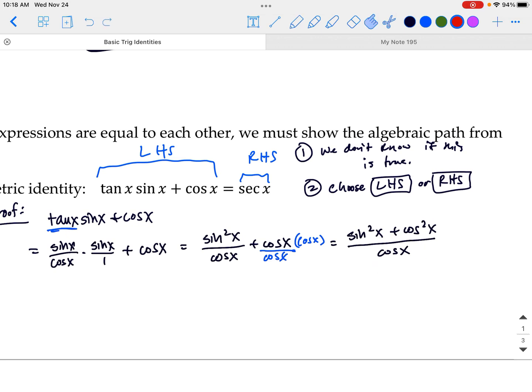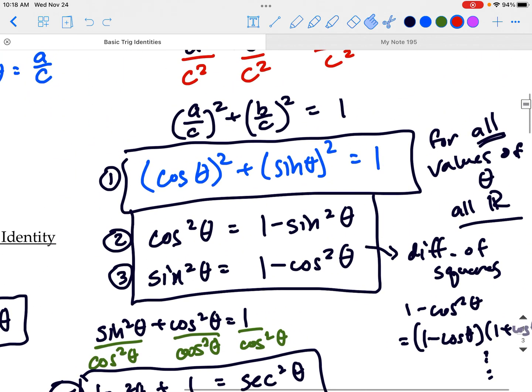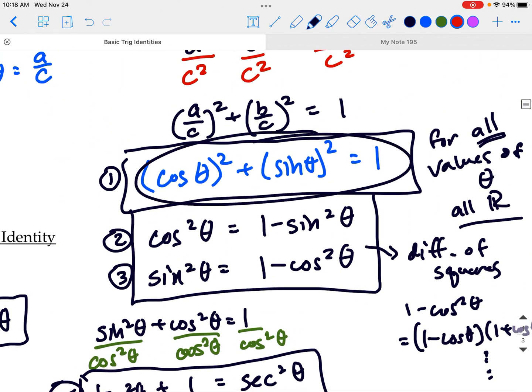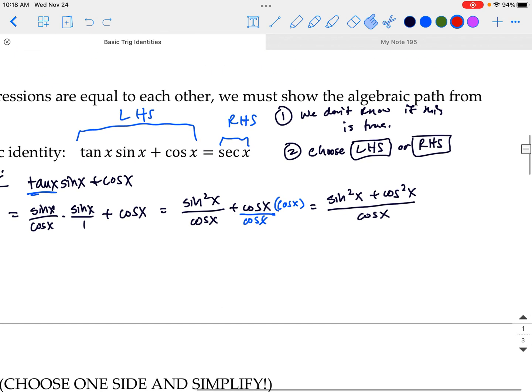But sine squared plus cosine squared, well, we can do something with that, because we know that that's equivalent to 1. So by the Pythagorean identity, we know that this is equal to 1 over cosine x. But 1 over cosine x is equal to secant x. And that is the end of our proof.